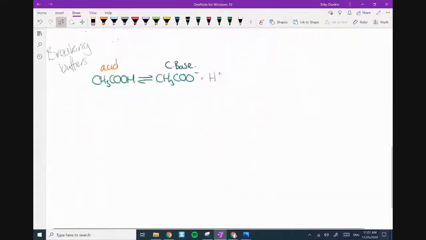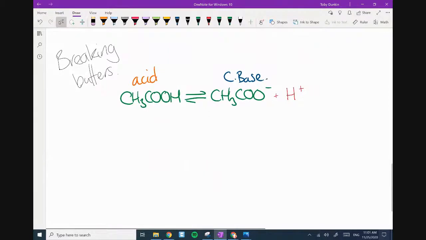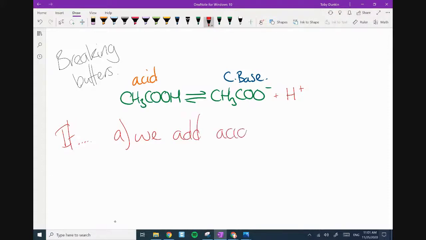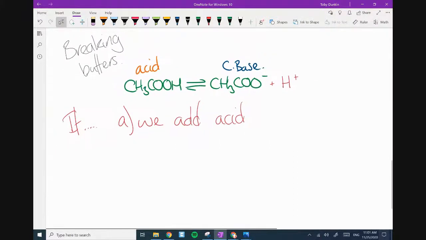So, okay, where are these guys? What we need to point out is, if we add acid, what would the impact be of adding acid to this equilibrium?